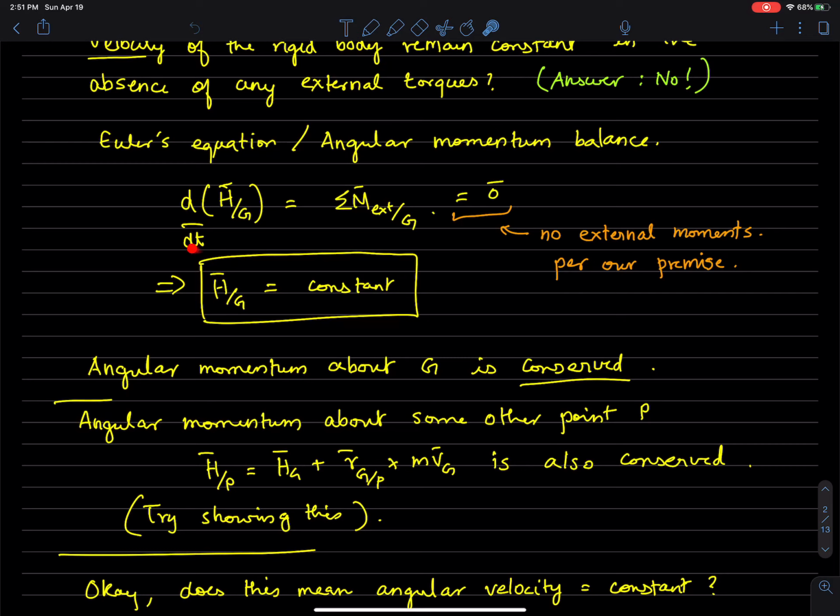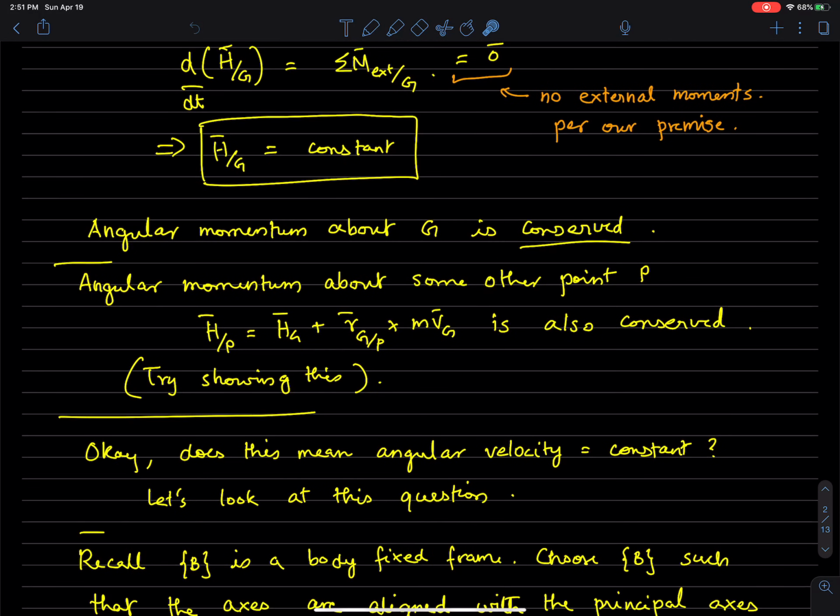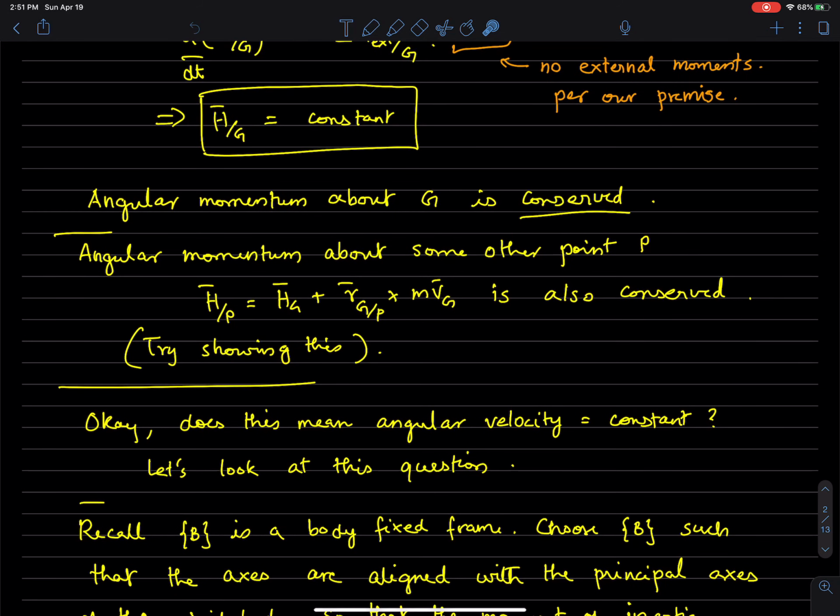The more general correct equation is rate of change of angular momentum equals sum of external moments about that point G. Because we did not have any external moments, we just set this equal to 0. So d by dt of angular momentum equals 0, which of course means that the angular momentum is a constant. Angular momentum specifically about the point G is a constant.